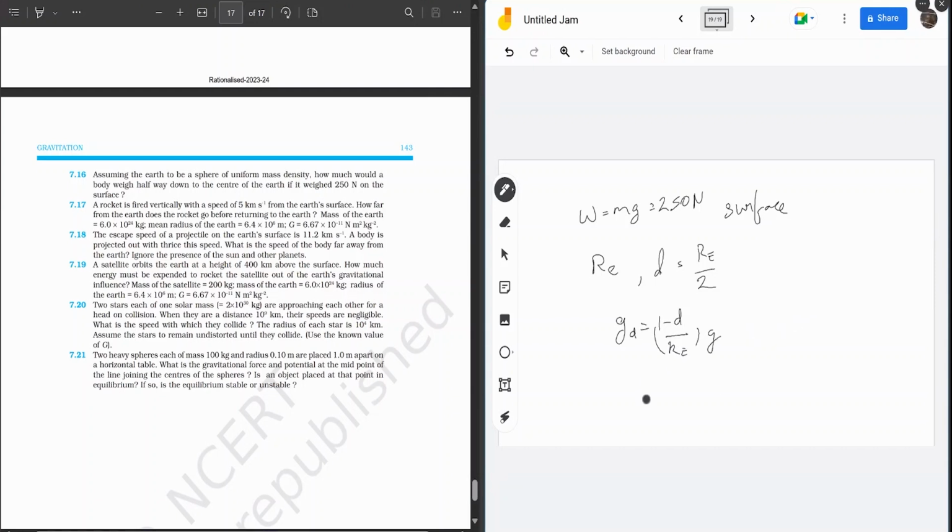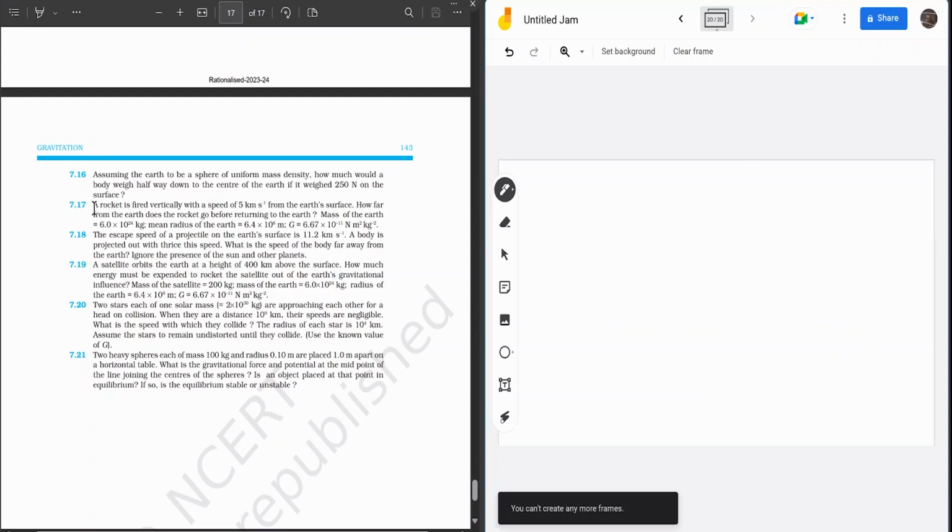When you calculate this, it will be g by 2. So the weight of the body at depth d will be W by 2, which is 125 newtons.